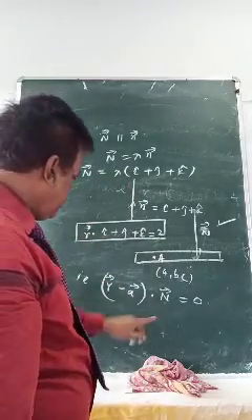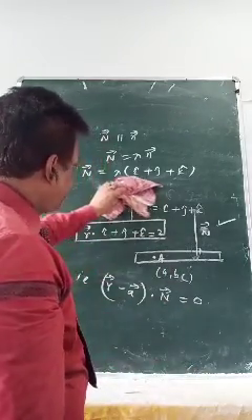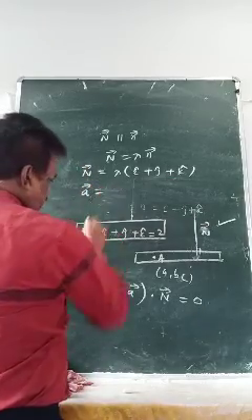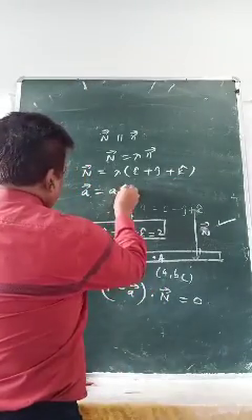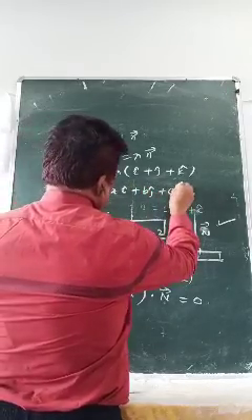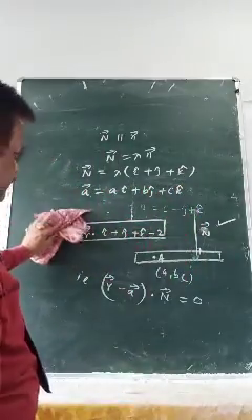So what shall I write now? This is the required point. What is the point for us? ai plus bj plus ck.